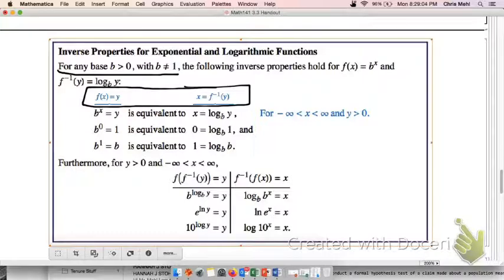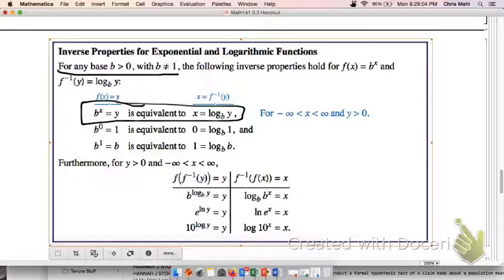The first thing I have right underneath what I just boxed is, in the world of exponential and logarithmic functions, saying b to the x equals y, that's saying x is the input, y is the output. That's equivalent to saying that x equals log base b of y. So this is converting to the inverse function.